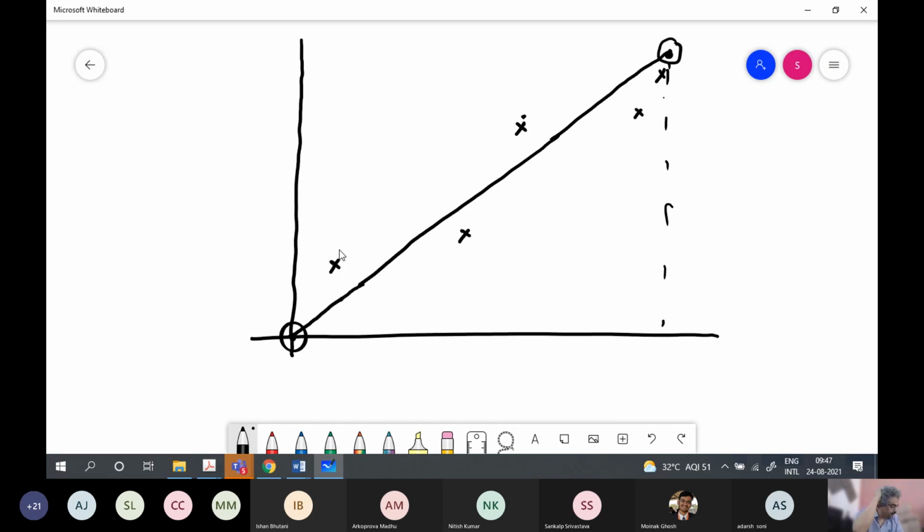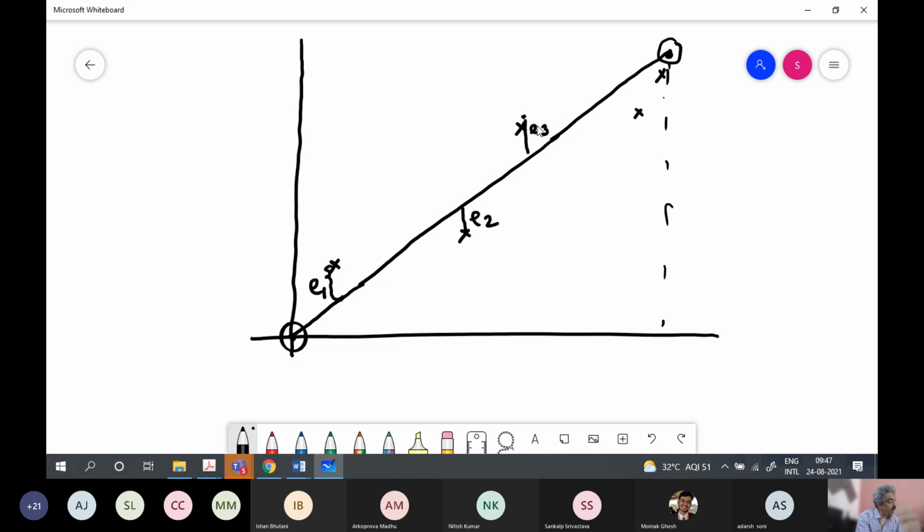Now, as percent of full scale, so this is as percent of full scale. So from here we get, this is my error E1, this is my error E2, this is my error E3.